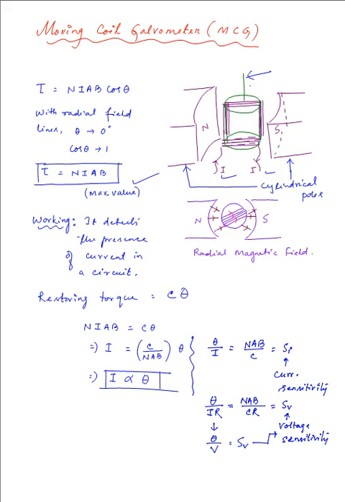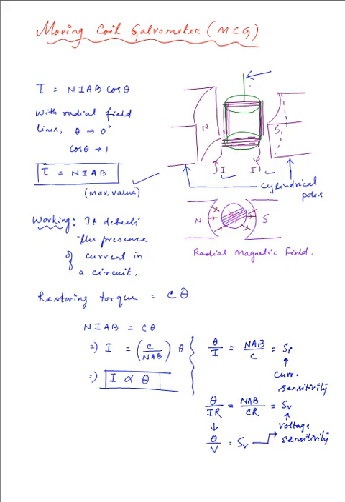Now, as you can see, there's a pointer which is attached to that. You cannot see it over here, but as I mentioned, the coil that rotates has a pointer attached to it, and by some arrangement, whenever there is a current flowing in the circuit, a torque acts, and the pointer which is attached to the coil starts deflecting in one direction or the other, thereby showing the presence of current.